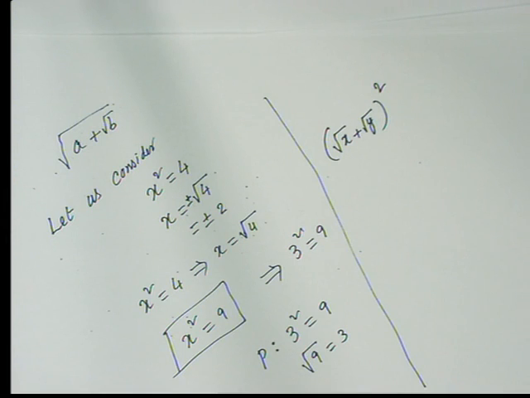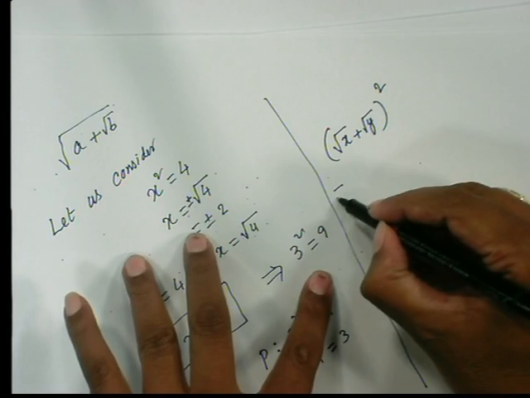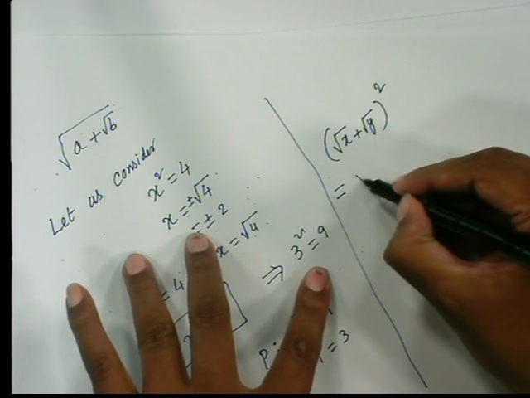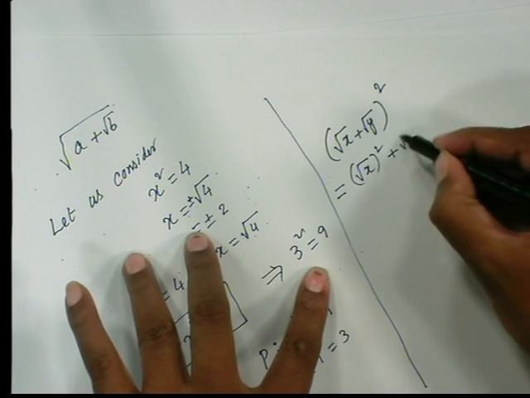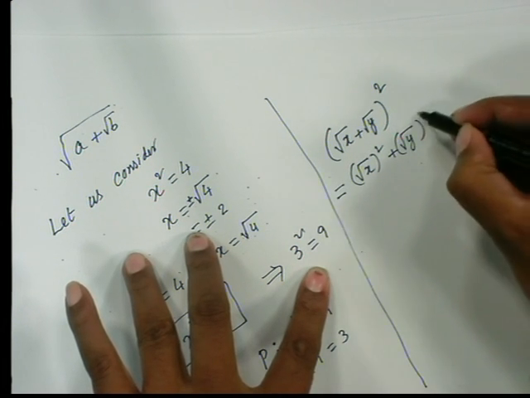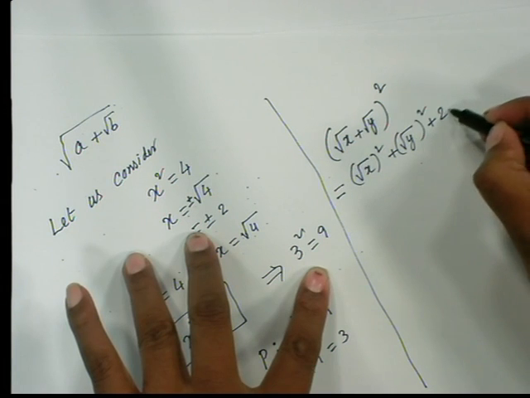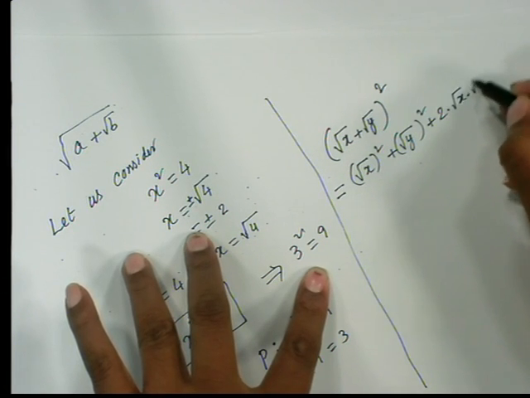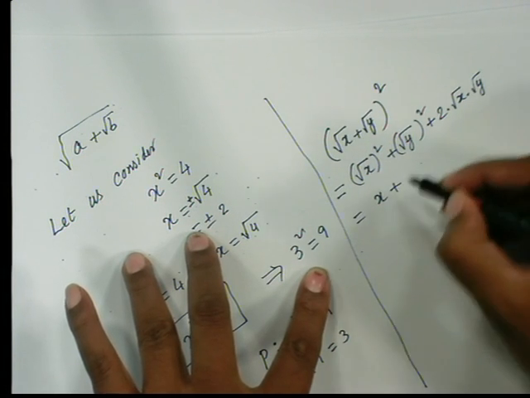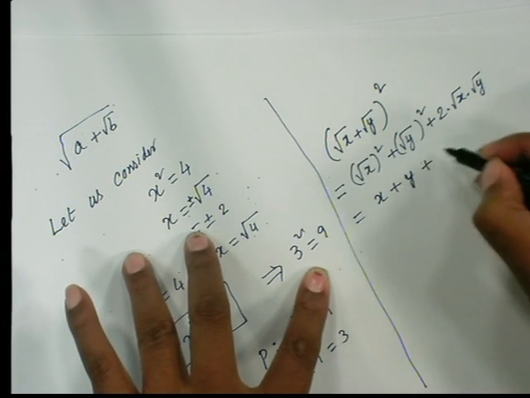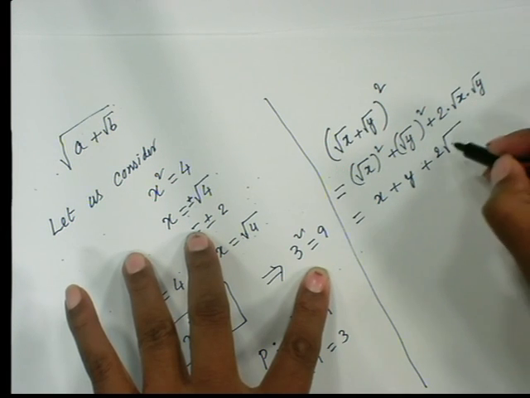Using the a plus b whole square identity, this can be written as root x whole square plus root y whole square plus 2 into root x into root y. So, this is x, say this is y, plus this you can say 2 root of x y.